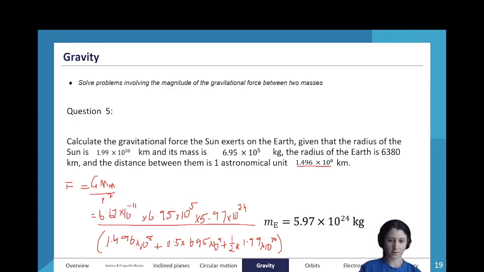And this gives us an answer of 1.84 times 10 to the 12 newtons.